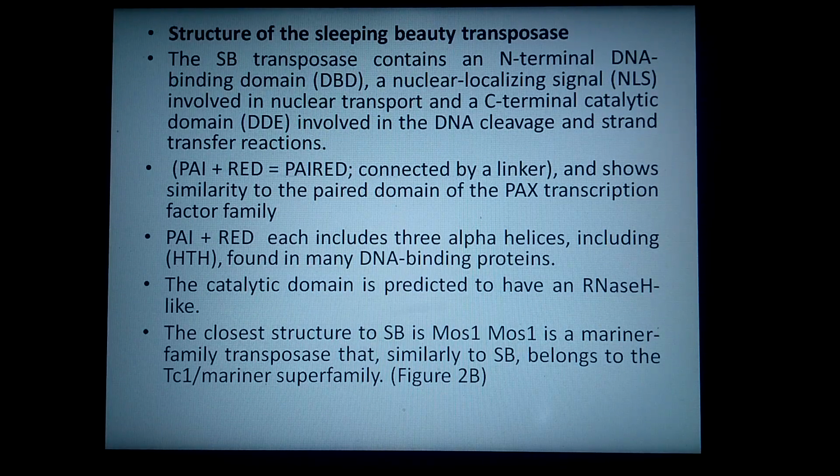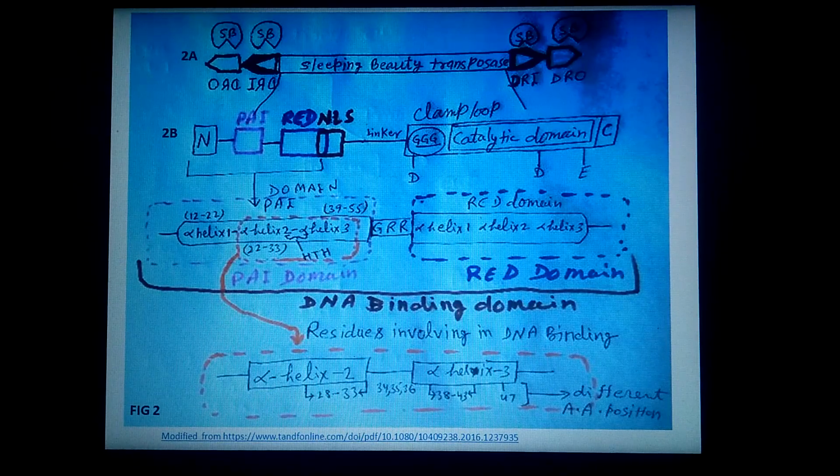Structure of Sleeping Beauty transposase. So what is the structure of the transposase? The SB transposase contains an N-terminal DNA binding domain and a nuclear localizing signal, NLS, which is represented in this figure.